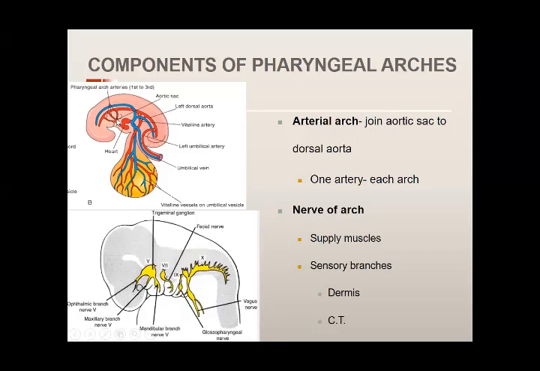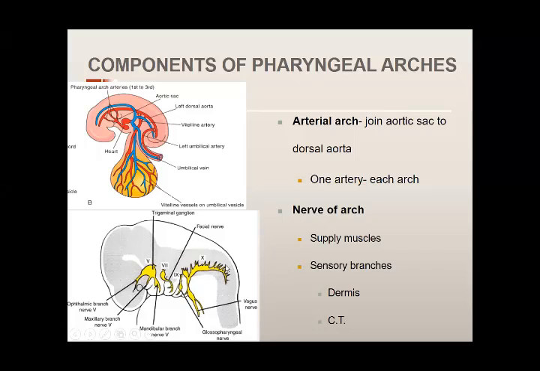They join the aortic sac to the dorsal aorta. ये देख लीजिए. This is the aortic sac, and these arteries are the pharyngeal arch arteries, joining the aortic sac to the dorsal aorta. One artery for every arch. Okay? Achha.